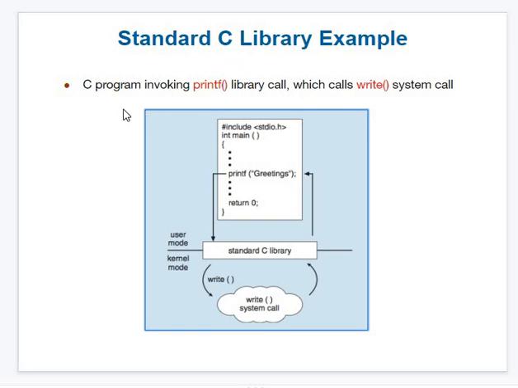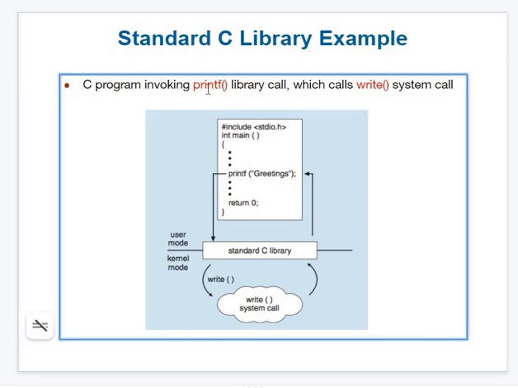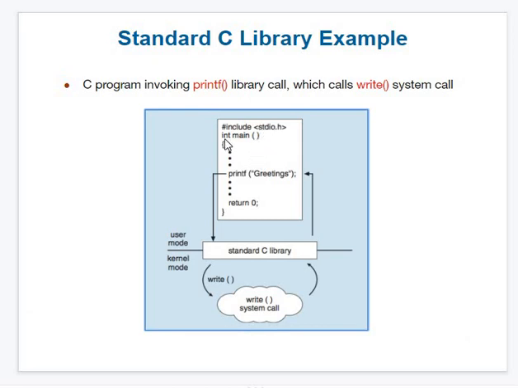See this C library, how it executes. The question is, a C program, with the help of printf, will print something on the monitor. If it prints, what is the activity name? Writing. So print means writing on the monitor. We have printf in this part of the program.